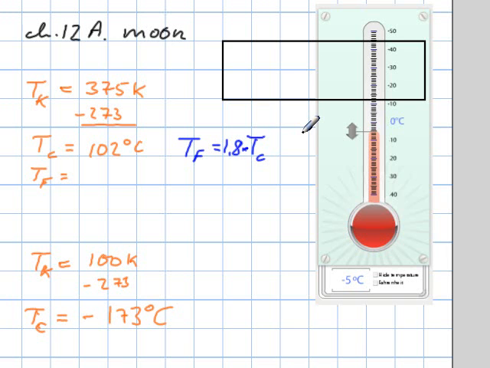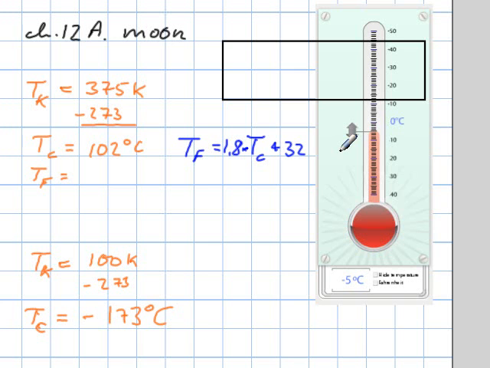I just like to write down the 1.8 instead of the fraction, and then add 32. And that's how we convert between the Celsius and Fahrenheit temperatures.